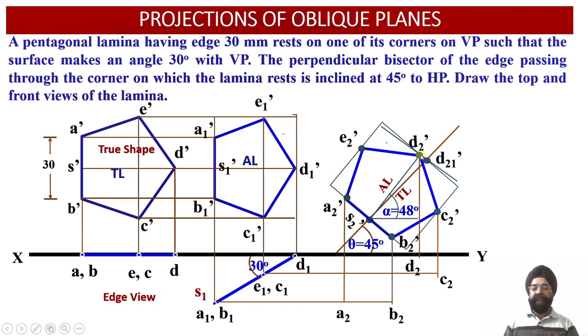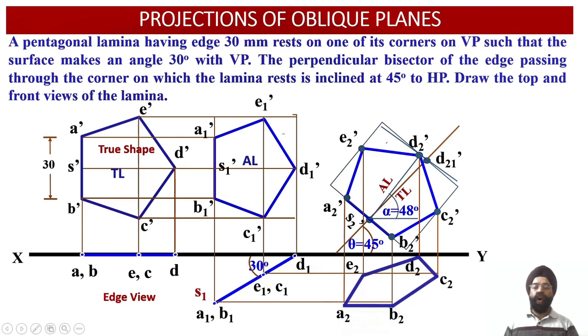Similarly, wherever the vertical projector drawn through the point d2 dash intersects with the horizontal projector drawn through the point d1, we will be able to locate the point d2 in the top view projection. And finally e2 has been located into the top view projections by virtue of intersection of the vertical projector drawn through the point e2 dash and the horizontal projector drawn through the point e1 over here.